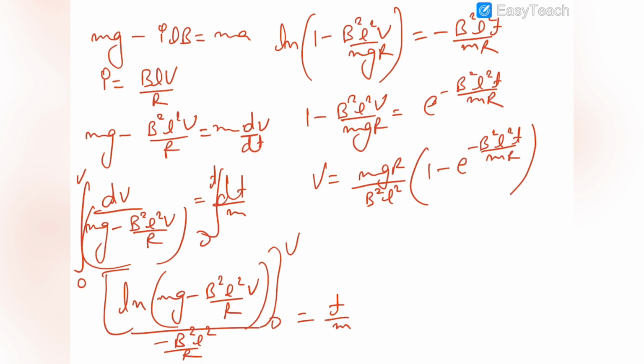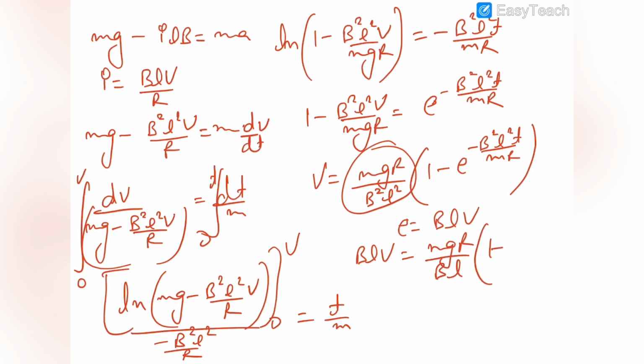Now let us find the value of mgR by B square L square, and we have to find the EMF. EMF is BLV. So BLV would be equal to mgR by BL times 1 minus e to the power minus B square L square t by mR. Okay, so this is the EMF which we have to find out.